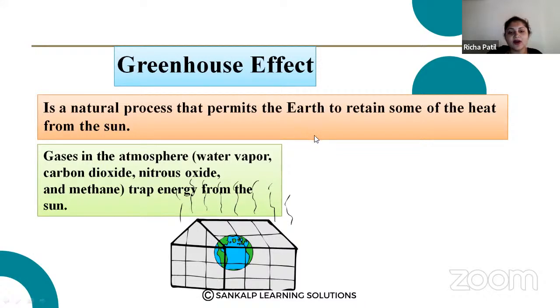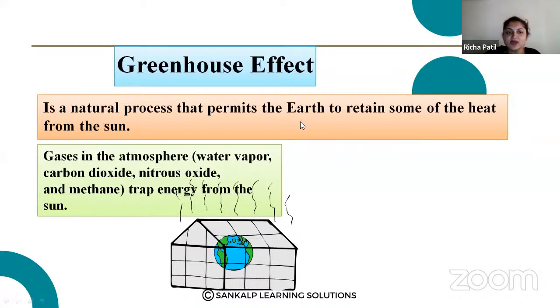As the glass in the greenhouse holds the sun's warmth, the atmosphere also traps the sun's heat near the earth's surface and keeps it warm. This is the natural greenhouse effect.